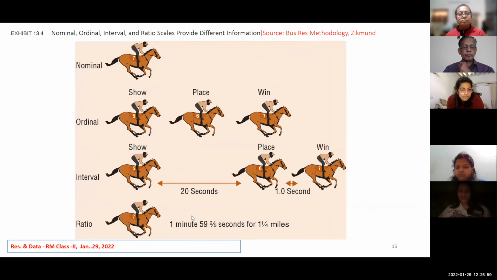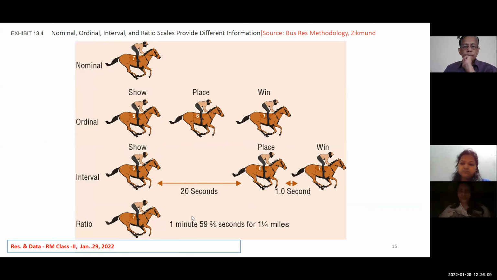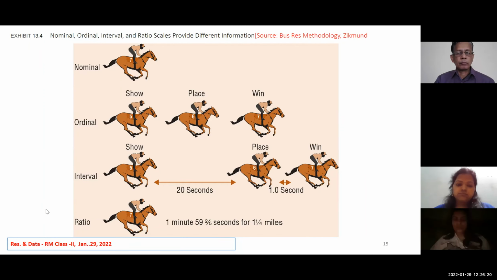Yes, please. While I was speaking about the ratio scale, I was talking about two factors. The first factor is time. The second factor is the distance.